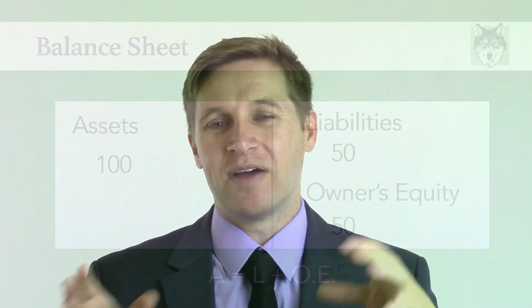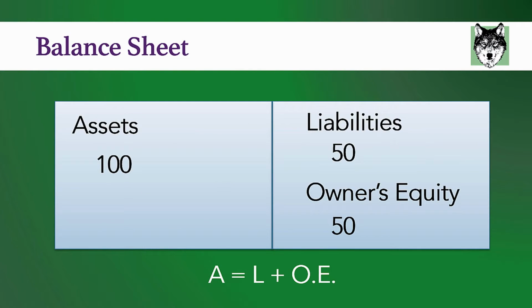Now, what we'll see over time is that this debt to equity, this capital structure, might shift. And this business owner, for instance, might take on more debt. They might start to owe some bills. They might take on a small business loan. And so if we look at the balance sheet shift over time, we might see that in this example, liabilities go to 50 and owner's equity goes to 50.